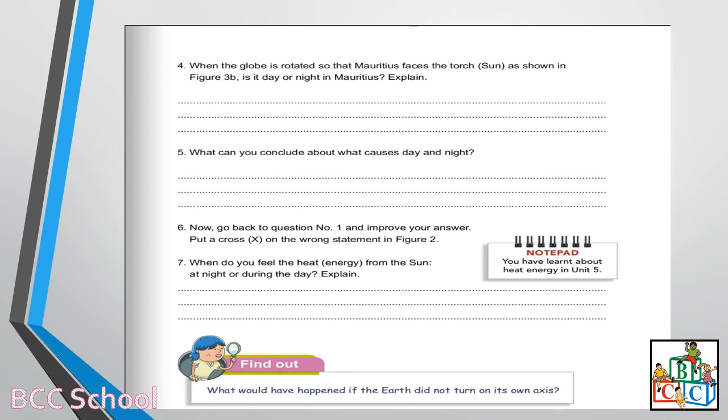It's quite easy, so let us read number 4. When the globe is rotated so that Mauritius faces the torch in figure 3B, is it day or night in Mauritius? What can you conclude about what causes day and night? Number 7.